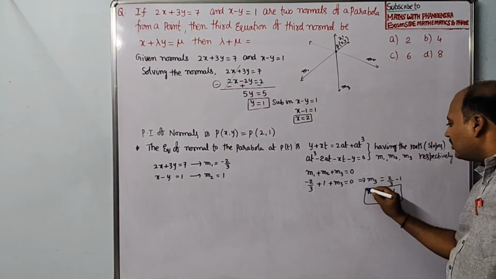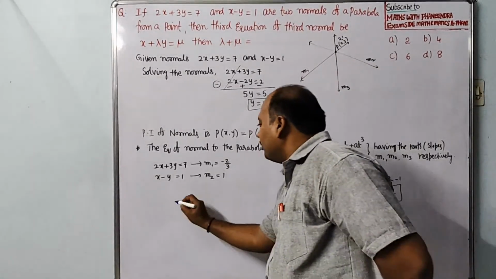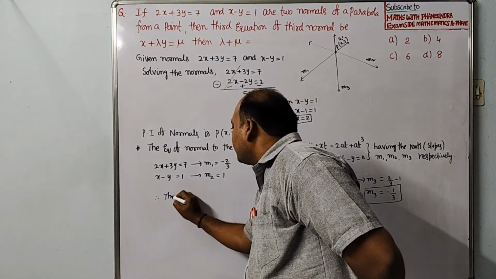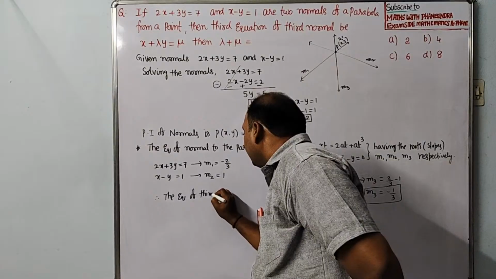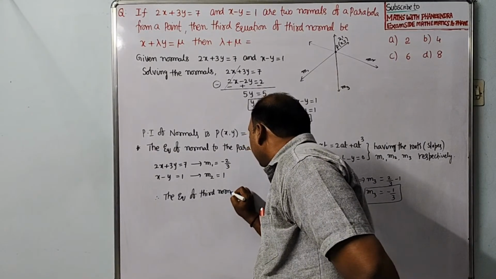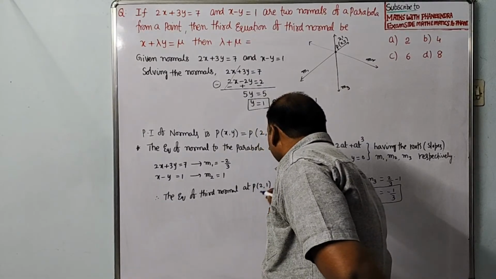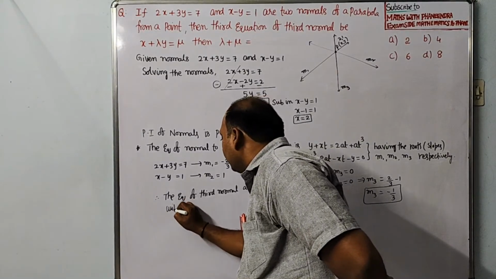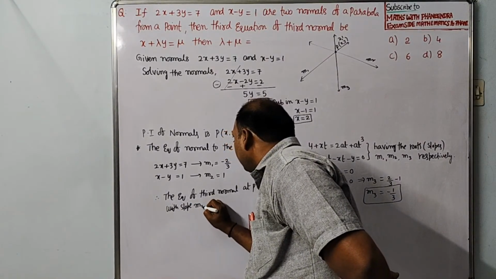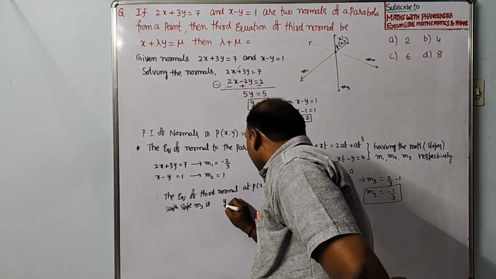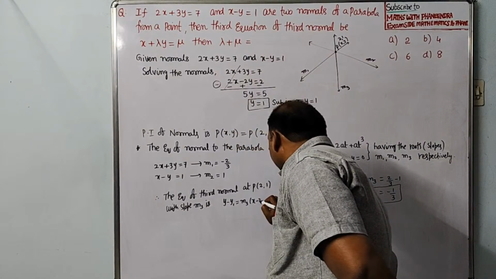So the slope of the third normal we got, and it is passing through 2 comma 1. Therefore, the equation of the third normal at P of 2 comma 1 with slope m3 is y minus y1 equal to m3 into x minus x1.